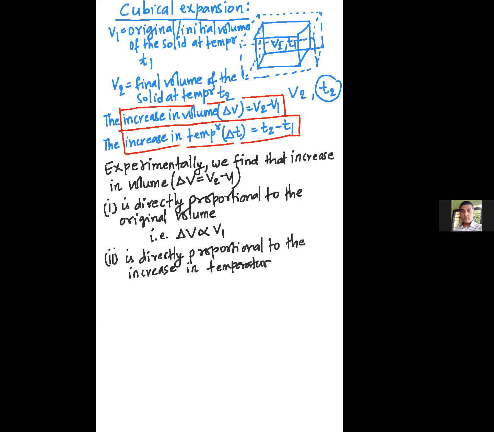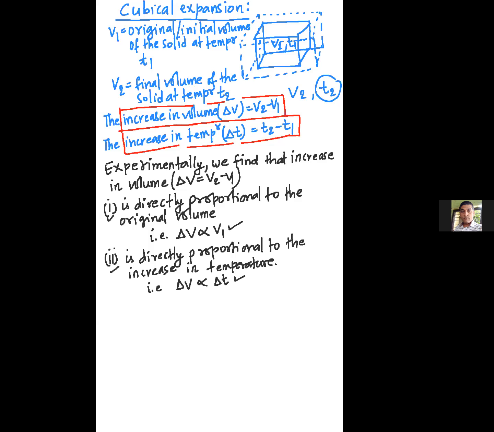So we can write delta V proportional to delta T, or T2 minus T1.